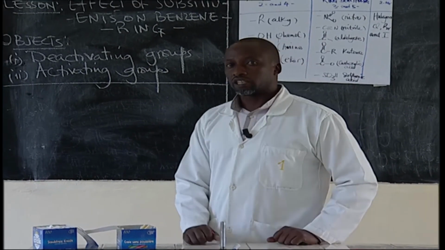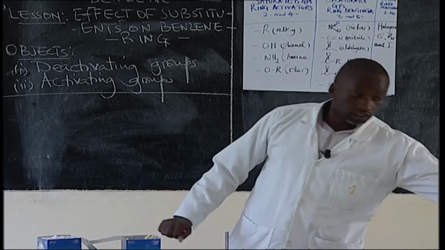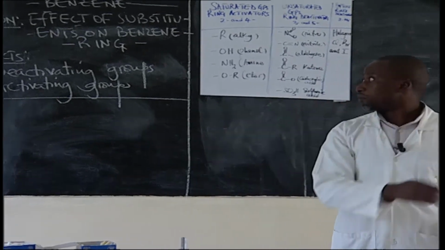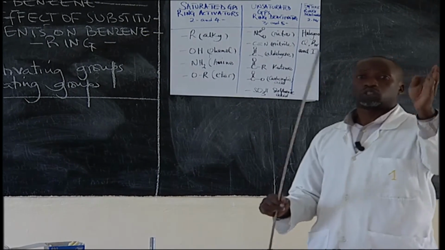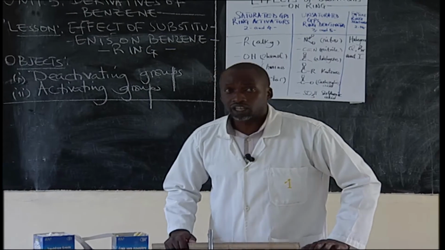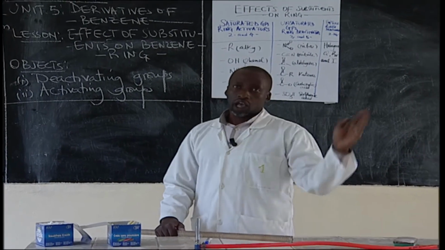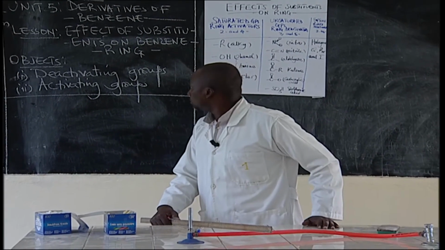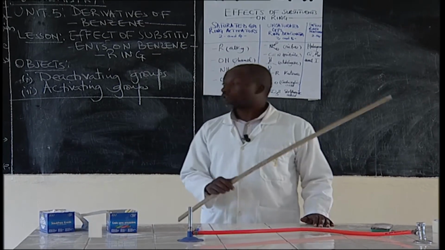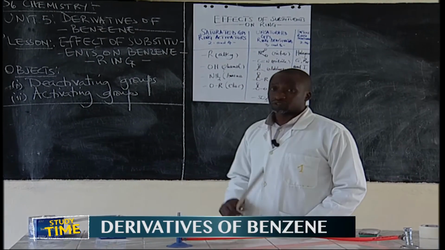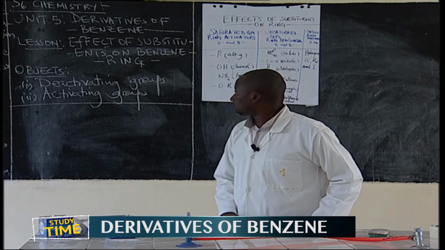In the previous lesson, if you remember very well, we talked about benzene, the structure of benzene, looking at the timeline of the benzene structure. That was Kekulé's model structure.